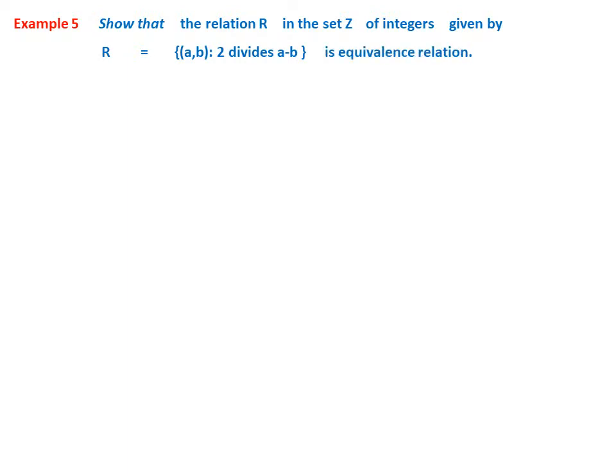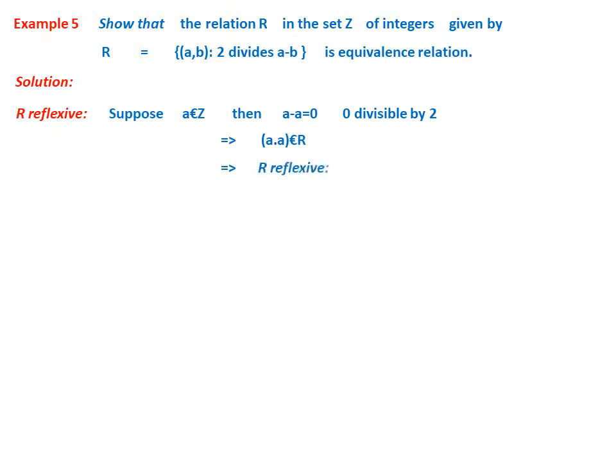Now, first R is reflexive because, suppose you take a belonging to Z, that means a is any integer, then a minus a is 0, you know that, and 0 is divisible by 2. This implies (a, a) belongs to R, so R is reflexive. That means for every integer a minus a is 0 and that 0 is divisible by 2. So by definition, therefore, (a, a) should be in R.